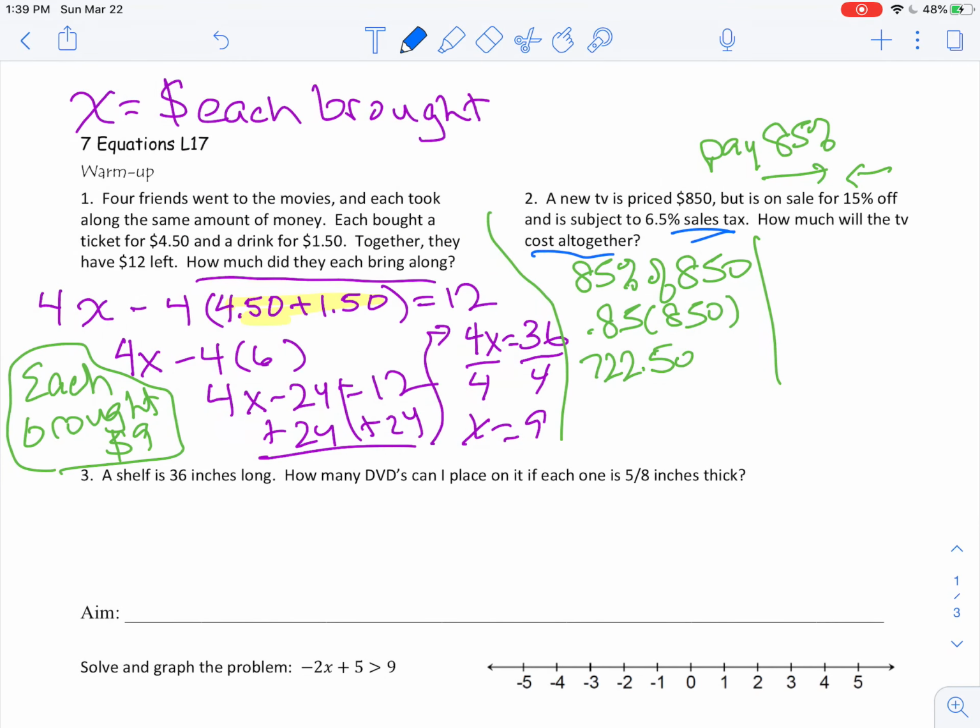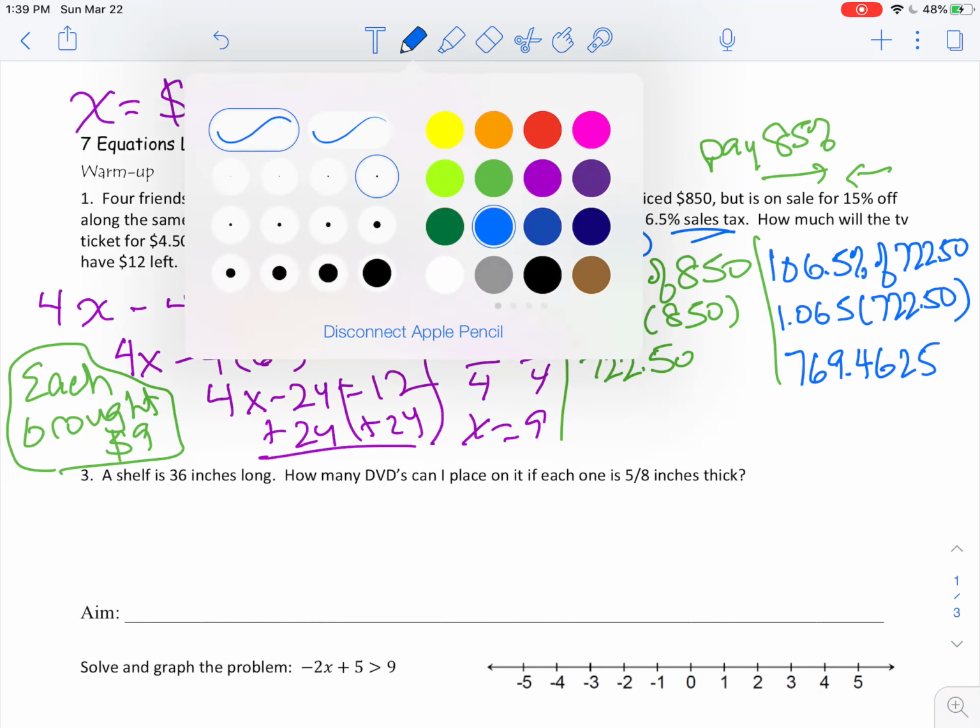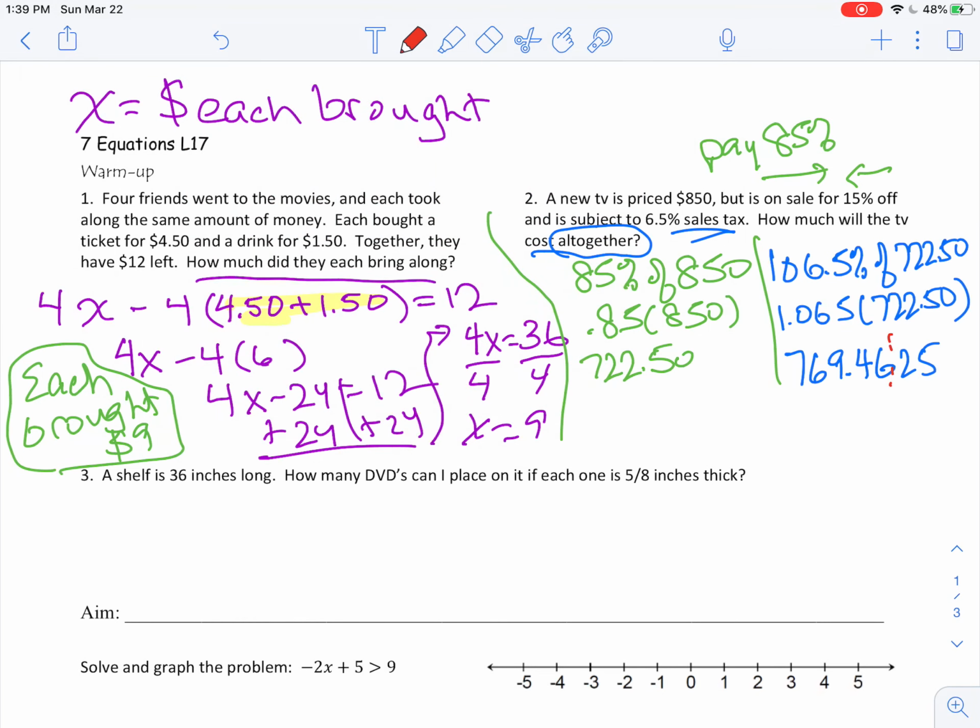And then we also have to pay sales tax, and they're asking how much does it cost altogether. So we have to pay 100% of that amount plus 6.5% of that $722.50. We change everything into math carefully. Put that into the calculator, and it comes out to be a number that's beyond our money system. I'll write it down, 4625.